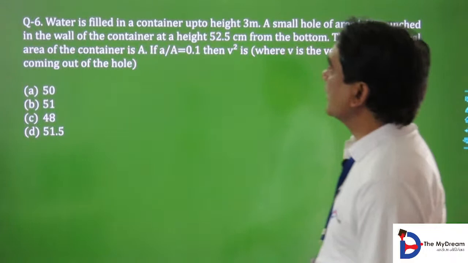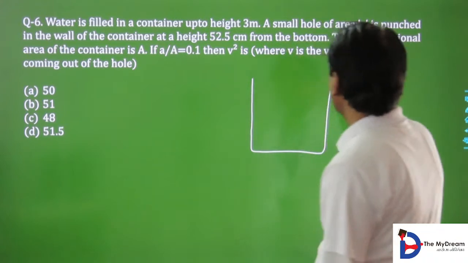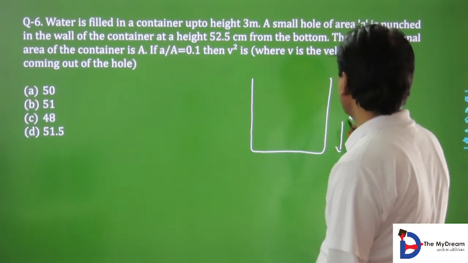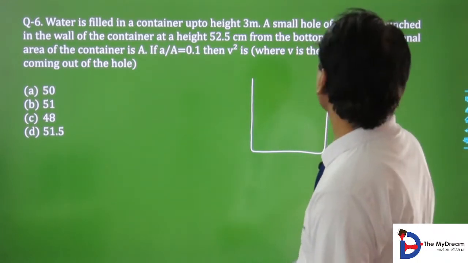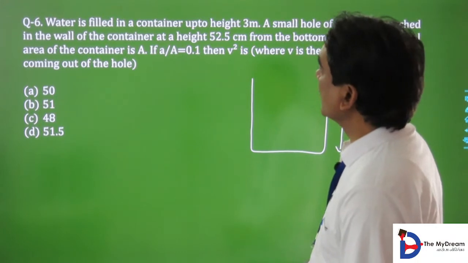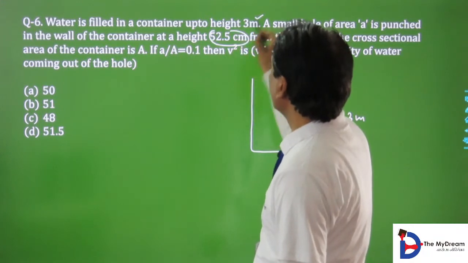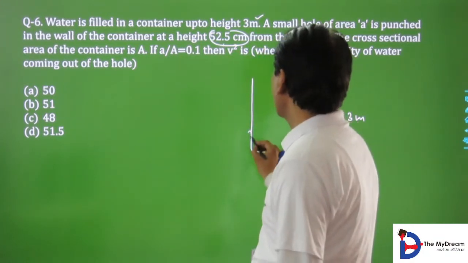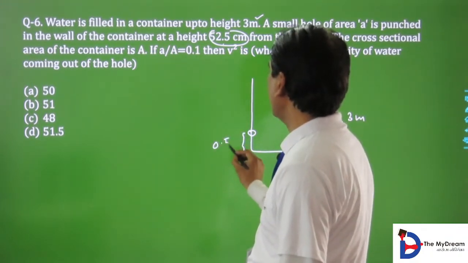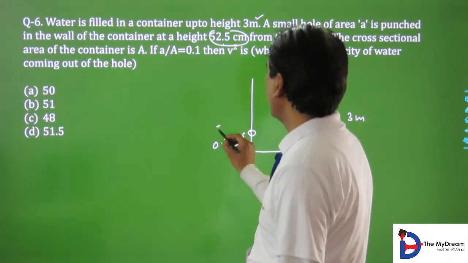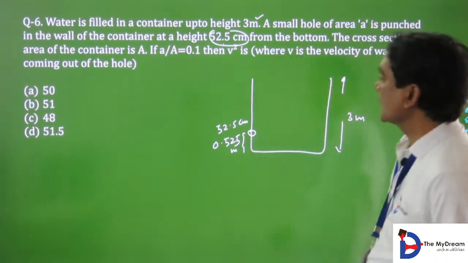Water is filled in a container up to a height of 3 meter. A small hole of area is punched in the wall of the container at a height of 52.5 centimeter, and this is in meter.